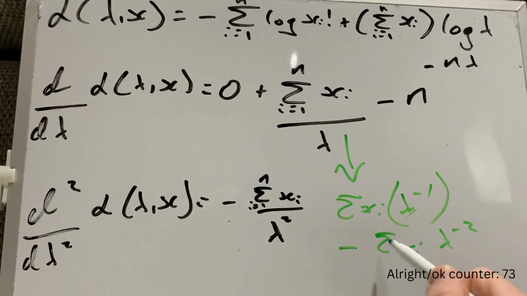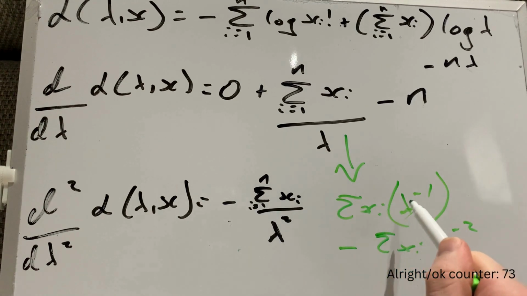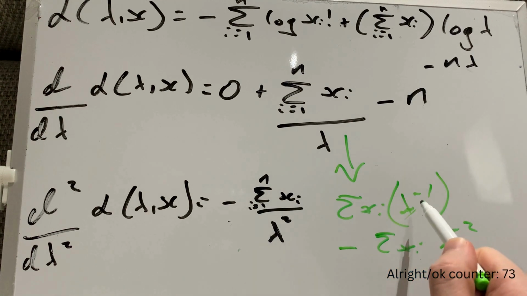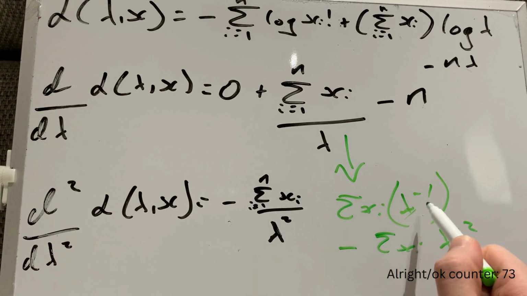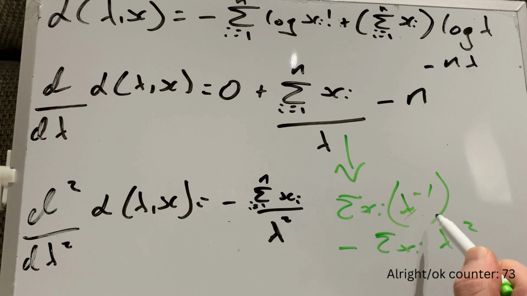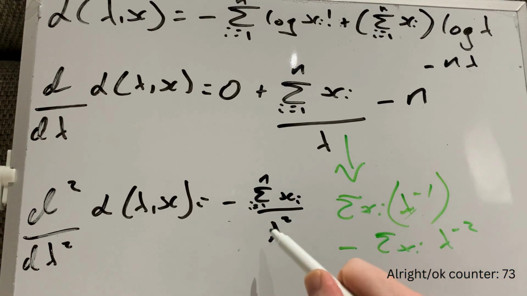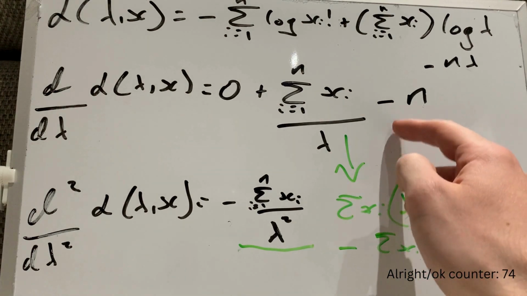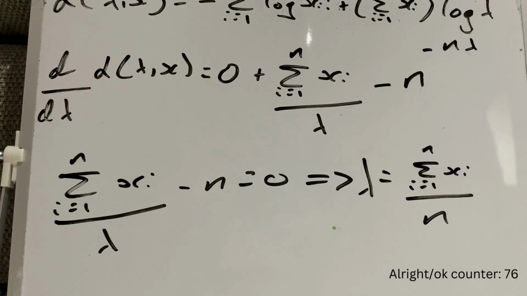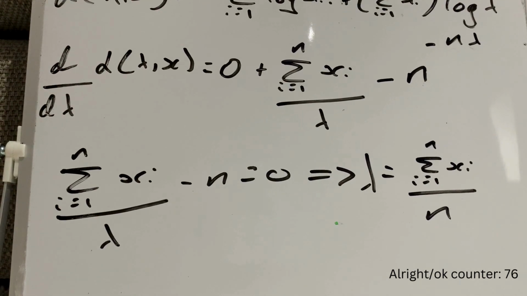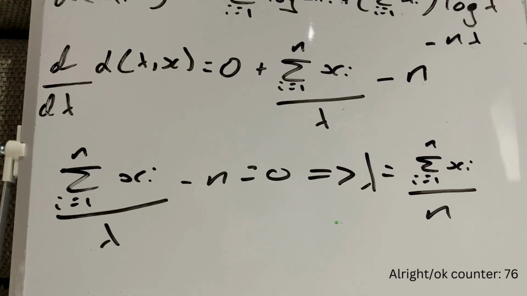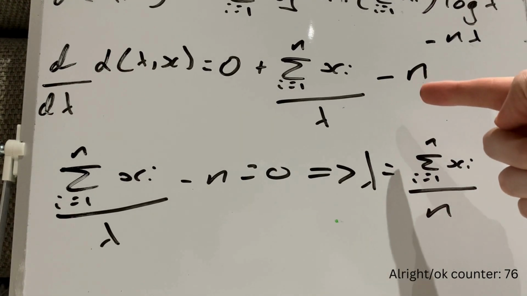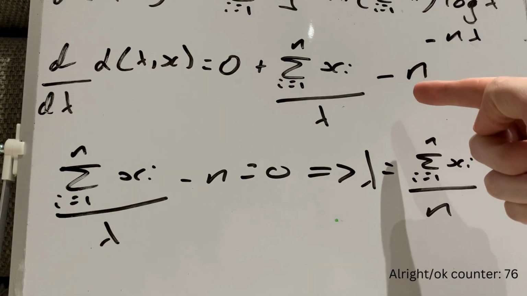We've got negative because you can think of it as lambda to the minus 1; you times it by minus 1 and take down the power minus 2. So we see that this is going to be negative, which shows that we're maximizing with this value.